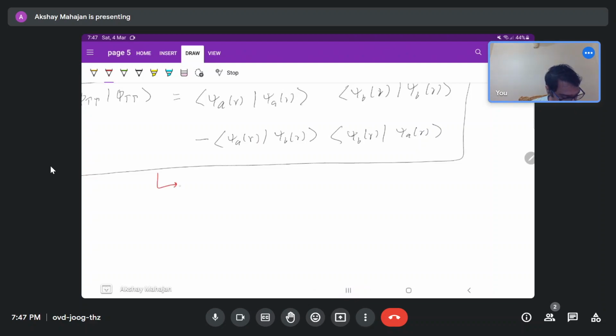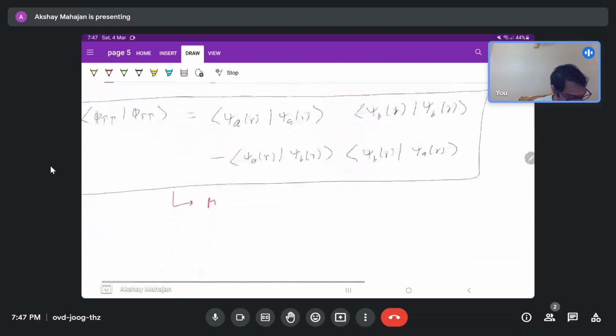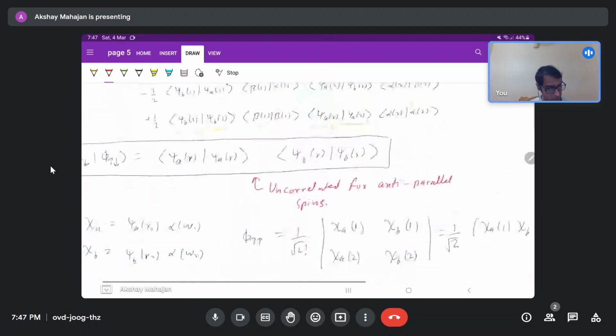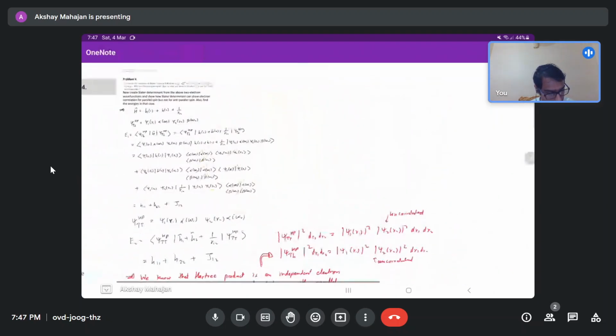So here it is: electrons uncorrelated for antiparallel and correlated for parallel spins. Okay, so there will be an exchange correlation. All right, let's move to the next problem.